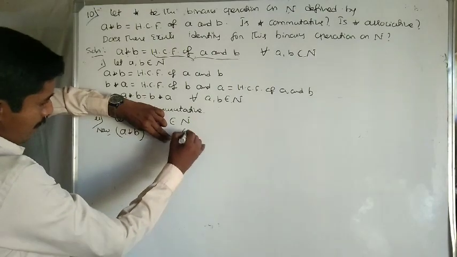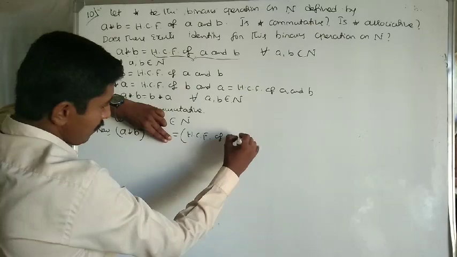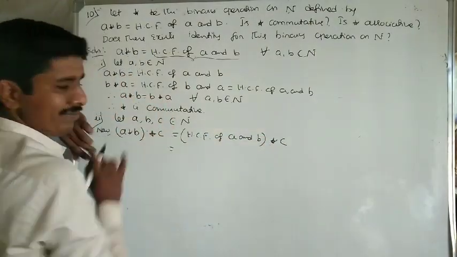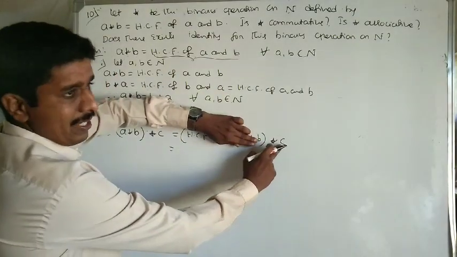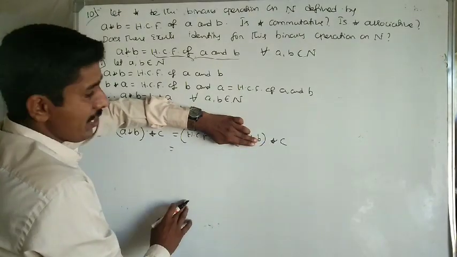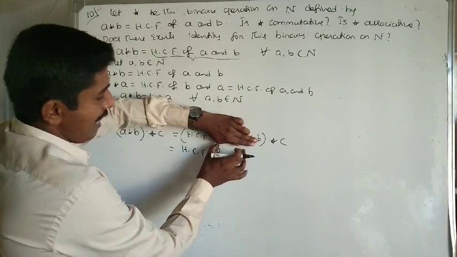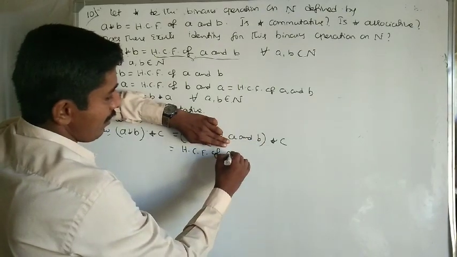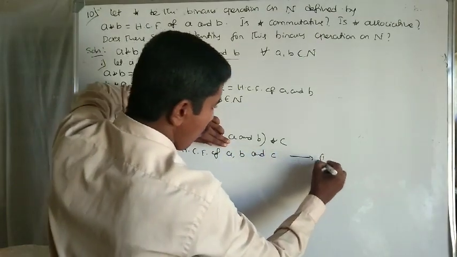Then star c, similar to the last one: first element star second element is the highest common factor of the first element and the second element. Here it has three elements a, b and c, so directly write the highest common factor of a, b and c. Call it equation 1.